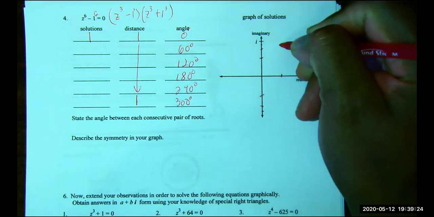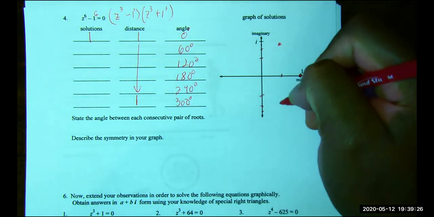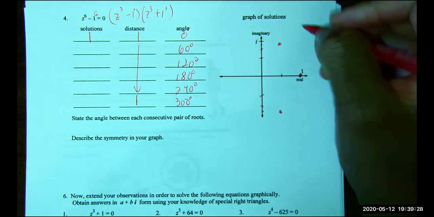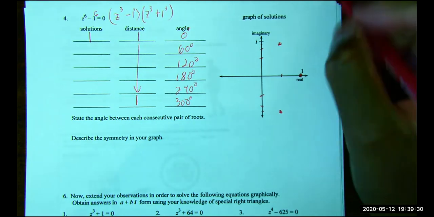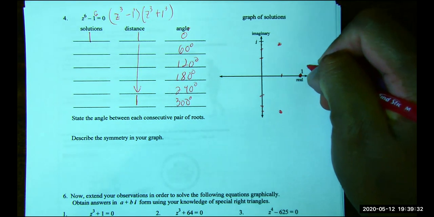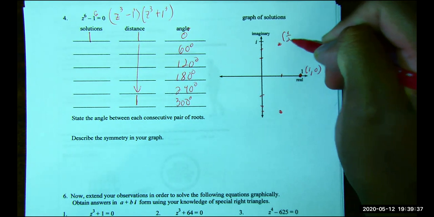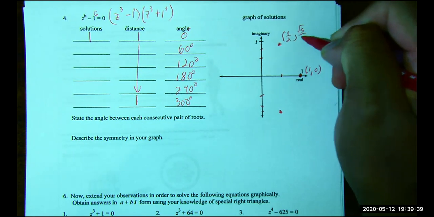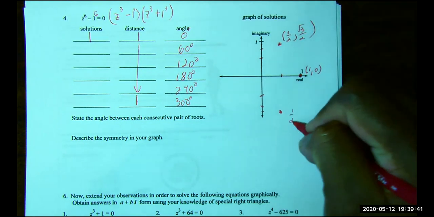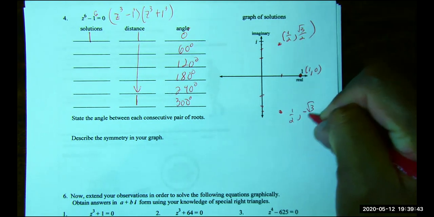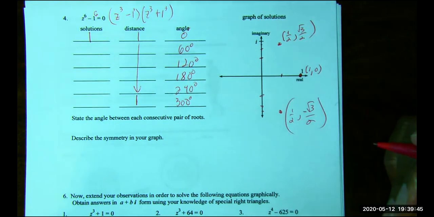So we're going to have a solution here and a solution here. And I'm going to go ahead and write coordinates for this too. 1, 0. This is 1/2, comma, square root 3 over 2. 1/2, comma, negative square root 3 over 2, for that 1/2 plus and minus.